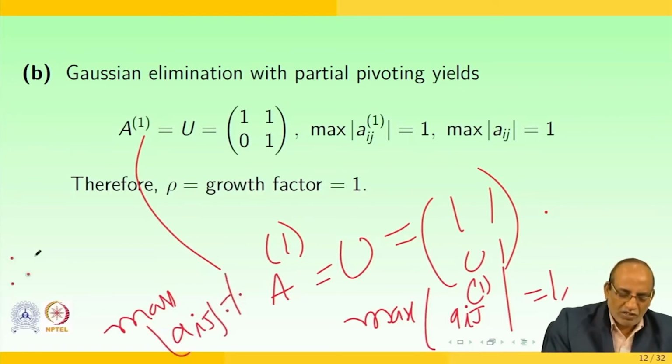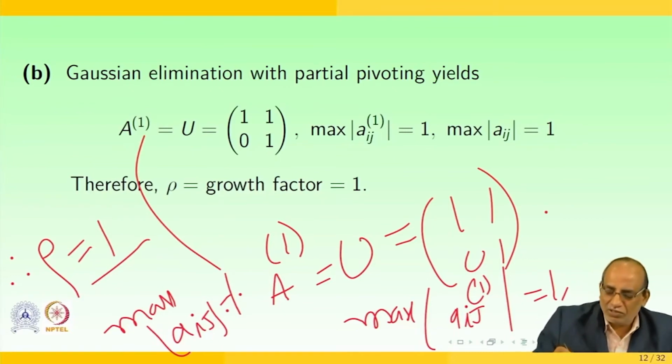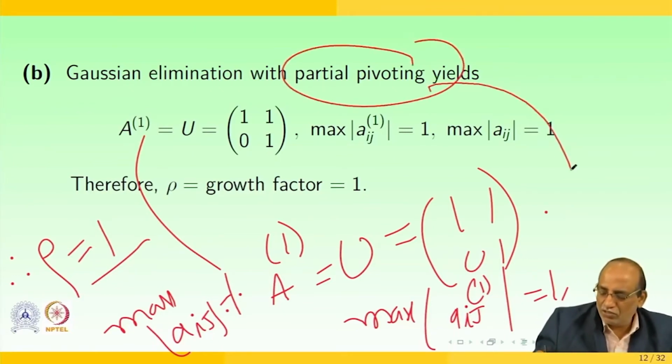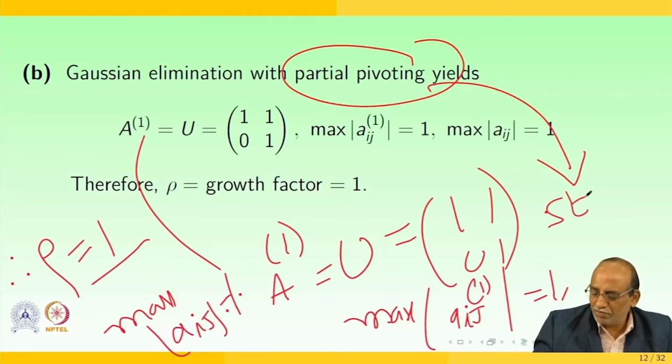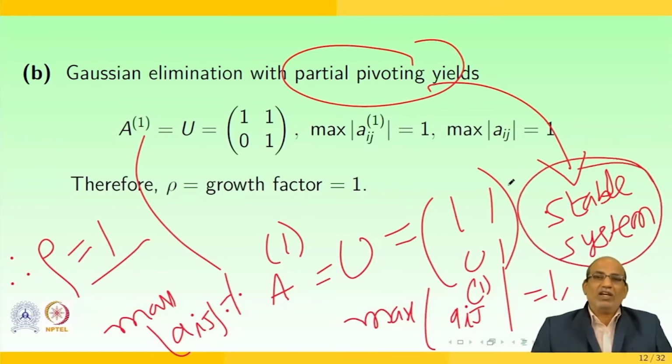So the growth factor rho is equal to 1. A small growth factor leads to a stable system. Therefore, Gaussian elimination with partial pivoting leads to a stable system.